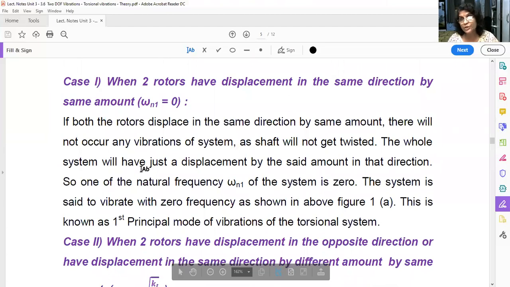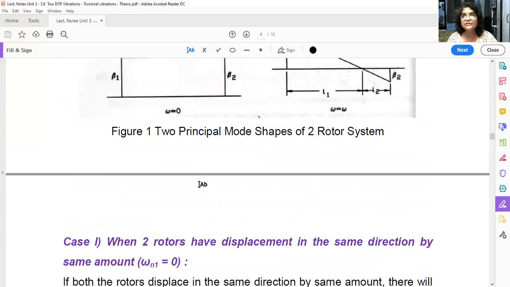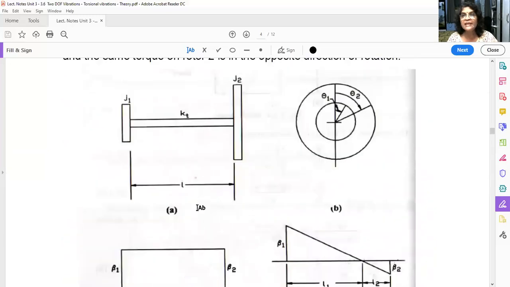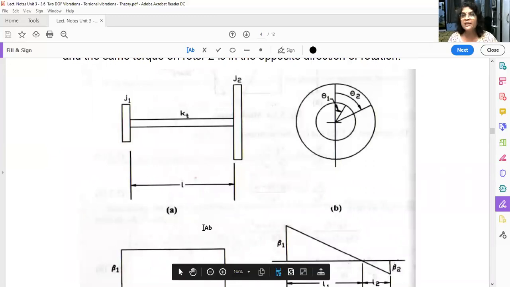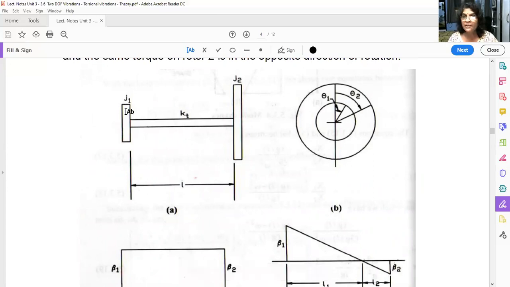Now there are two cases, case 1 and case 2. Because it is a 2 degree of freedom system, there will be two natural frequencies, so there will be two mode shapes. Let us consider the first case, when two rotors have displacement in the same direction by the same amount. Suppose rotor 1 rotates by 5 degrees clockwise and rotor 2 also rotates 5 degrees clockwise, what will happen?